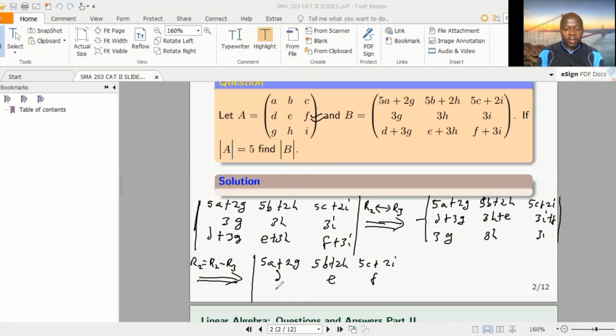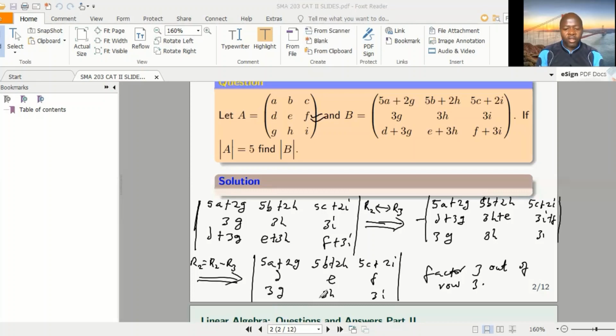And this one remains as 3G, 3H, and 3I. So what will be the next step? The next step will be now to factor 3 out of row 3. So what you realize is that row 3 has been multiplied by 3.